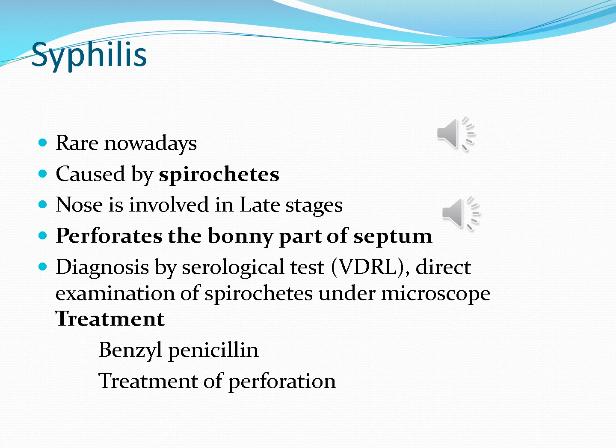Another condition is syphilis. Syphilis also comes under the heading of chronic infections. Chronic infections of the nose and sinuses are syphilis, tuberculosis, and leprosy. All of these will cause formation of granuloma inside the nose, and all three infections will cause destruction of the bony part of the nasal septum.